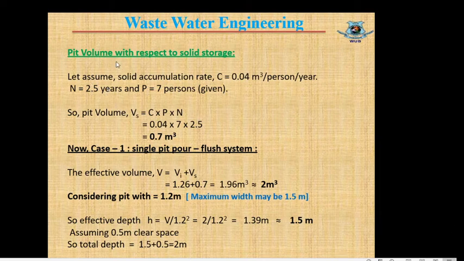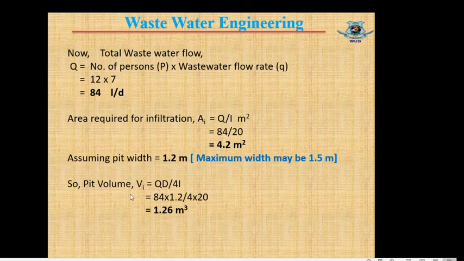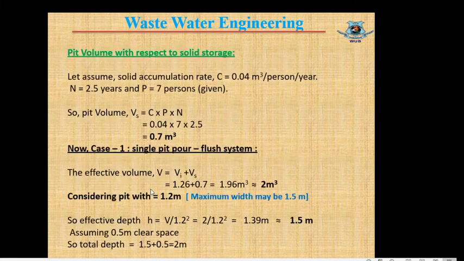Now we have to calculate pit volume with respect to solid storage. This volume Vi refers to the pit volume to get the sufficient infiltration area Ai. That means this volume covers the infiltration area Ai, and now this volume is to store the solid excreta in the pit. And this is the common equation we have used in simple pit latrine.